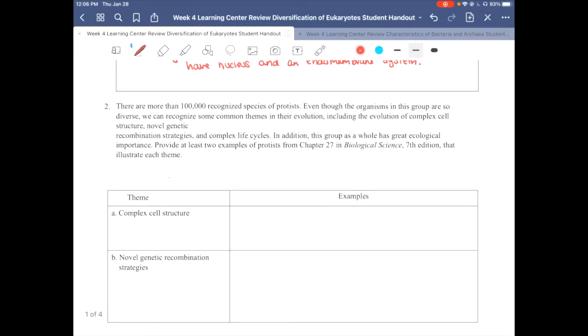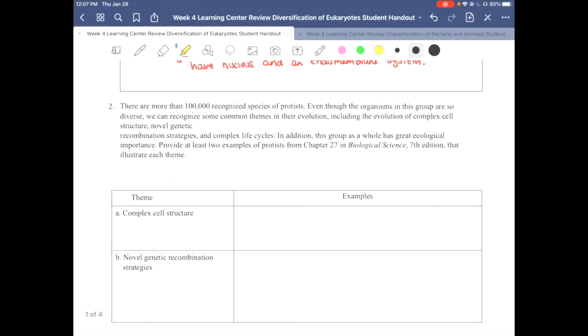Okay, so for the second question, it says there are more than 100,000 recognized species of protists. Even though the organisms in this group are so diverse, we can recognize some common themes. They have common themes in their evolution, including complex cell structures, novel genetic recombination strategies, and complex lifestyles.